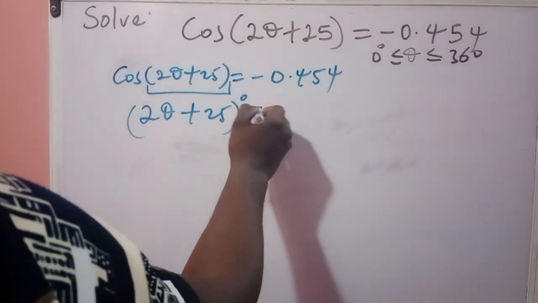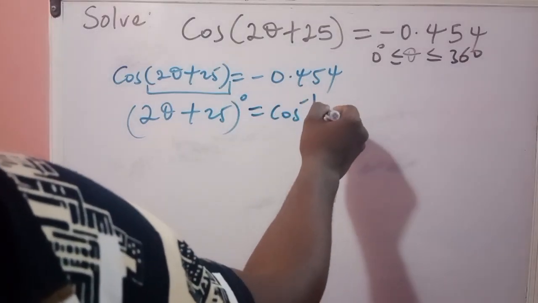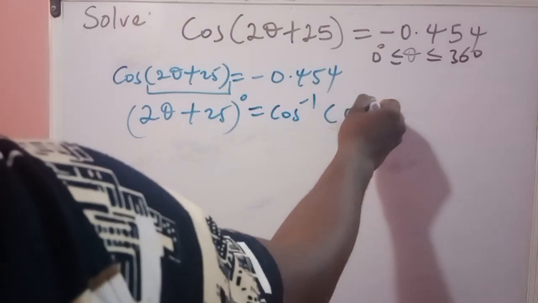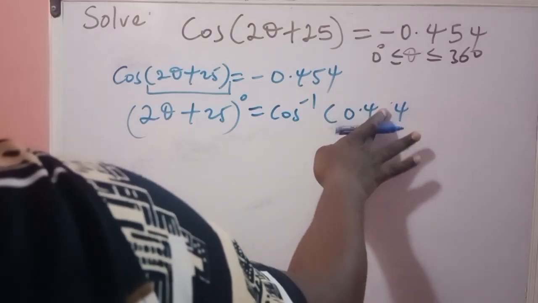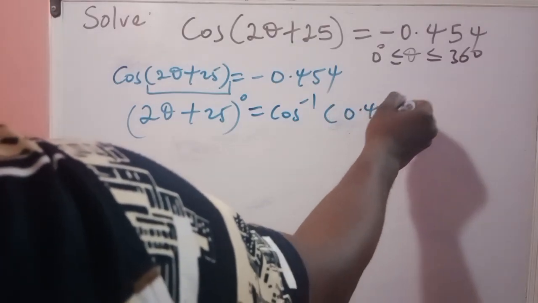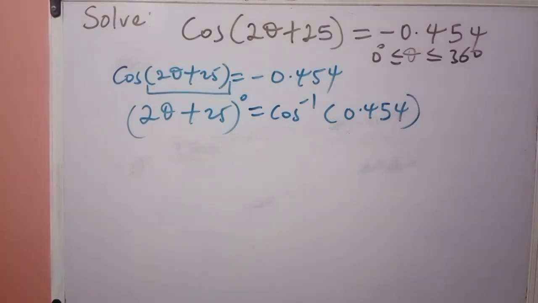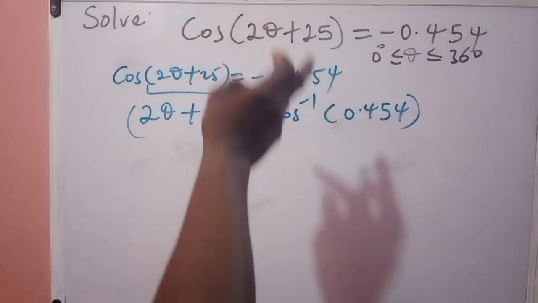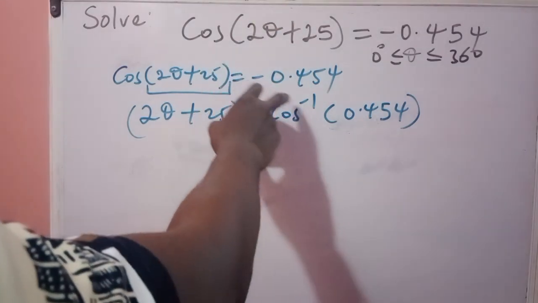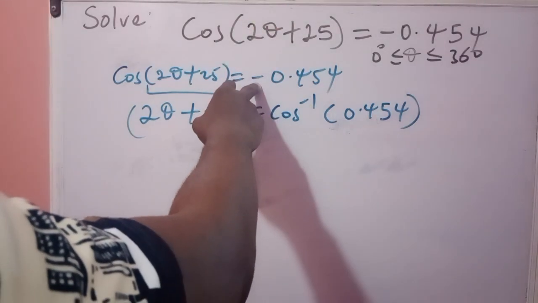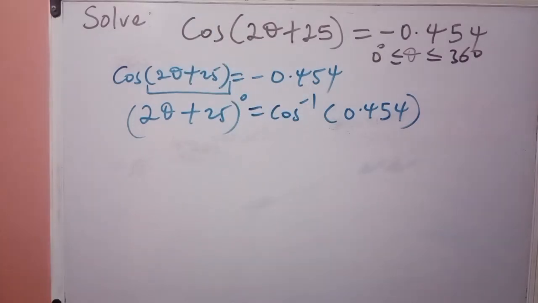This will be equal to arc cos of 0.454. So I told you already in previous videos that while solving equations like this, you want to first ignore the sign. Whatever sign was there, you just act like you ignore the sign, then you go on to find the associated angle.